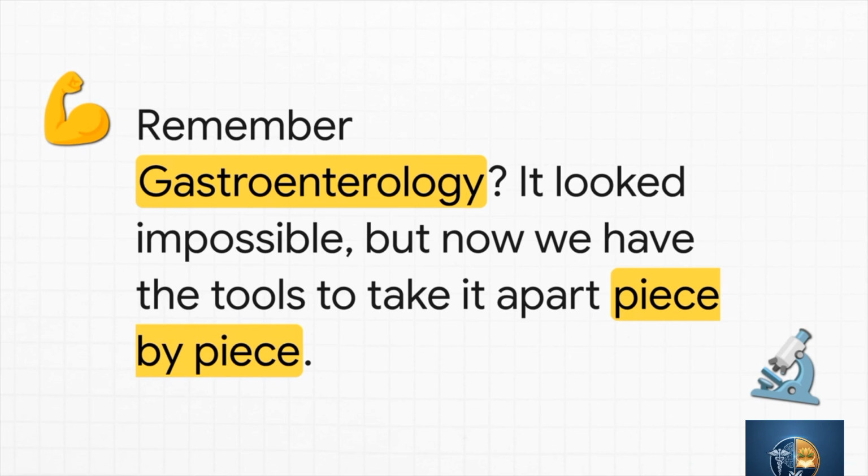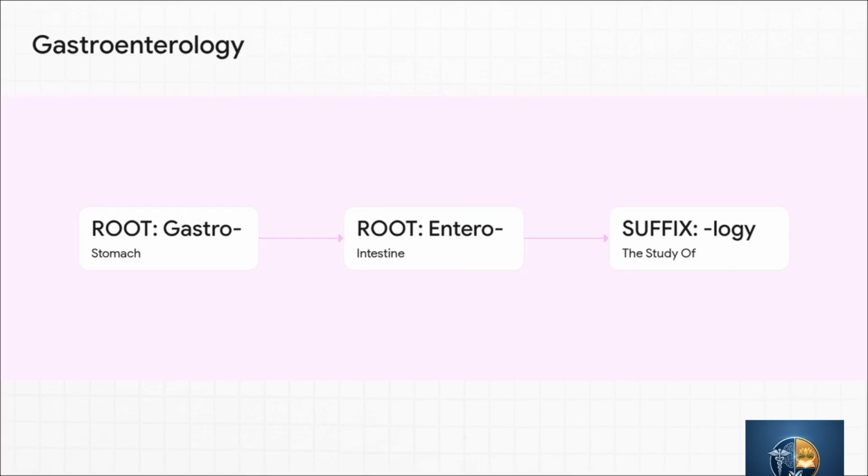Remember this monster from the beginning? Gastroenterology. It looked totally impossible then, but now we have the tools to just take it apart, piece by piece. Let's do this. First, we see gastro. We know that's the root for stomach. Then comes entero, another root which means intestine. And finally, we have that suffix, ology, which just means the study of.